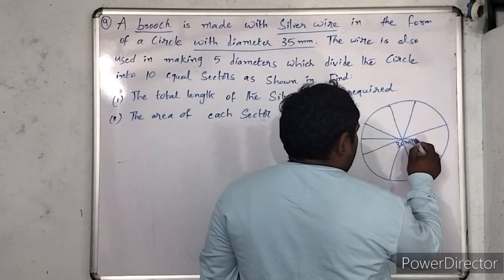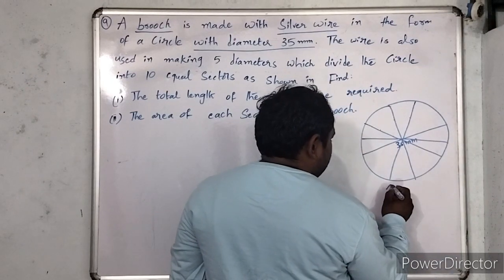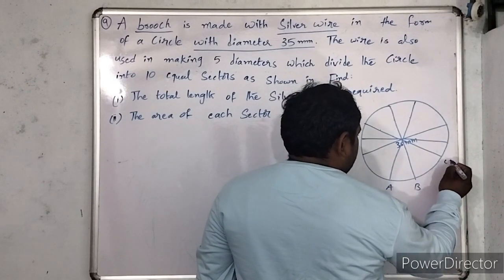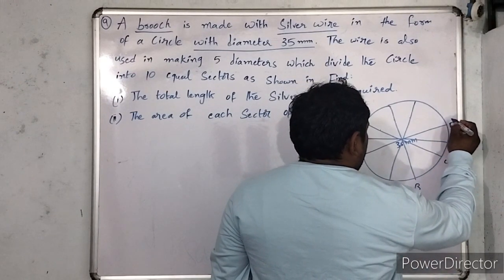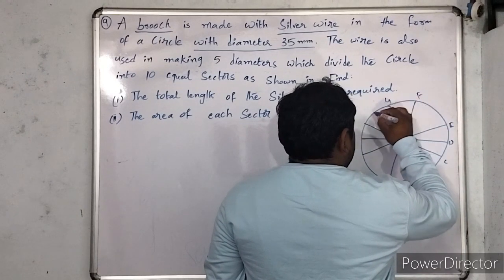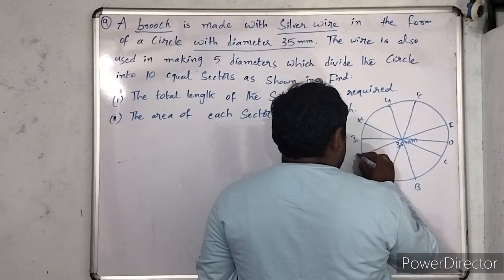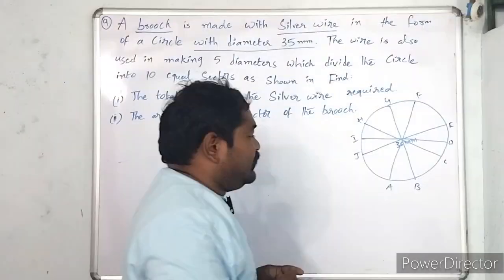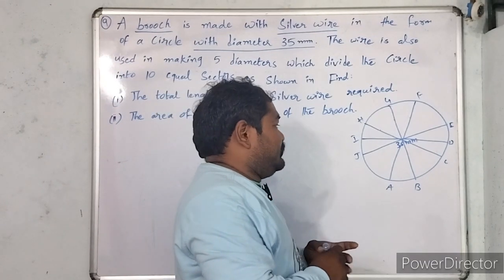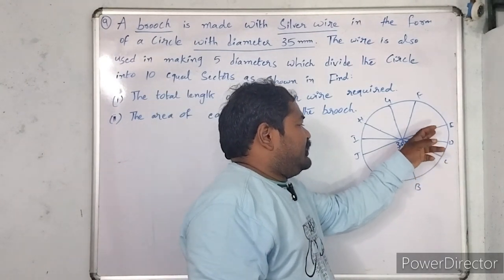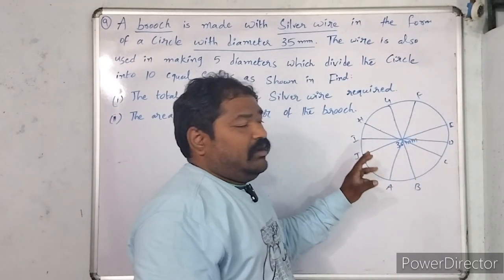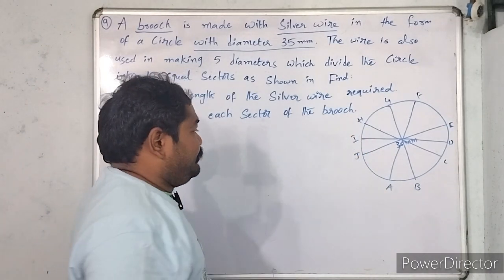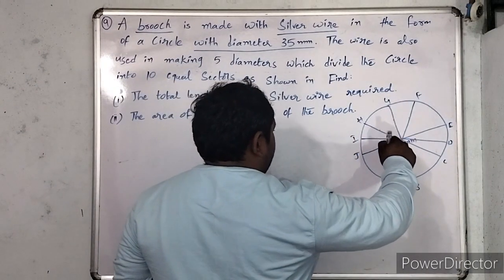Another one is like this. This is A, B, C, D, E, F, G, H, I, J. These are the 10 equal sectors in the brooch. These all are the diameters.